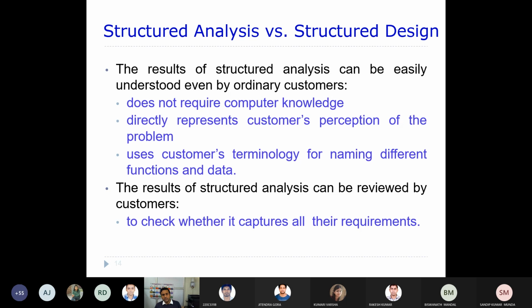So the result of structured analysis can be easily understood even by ordinary customers. Because we will see, after a few slides, an example of a data flow diagram, where you usually try to avoid any computer jargon. That means we are not going to use any computer terminologies there.